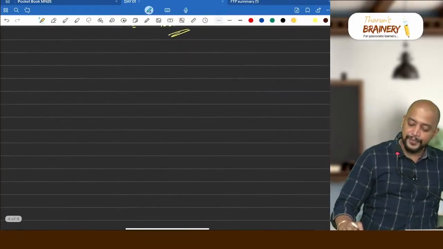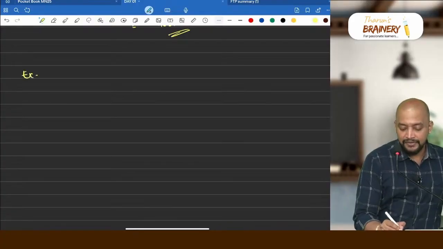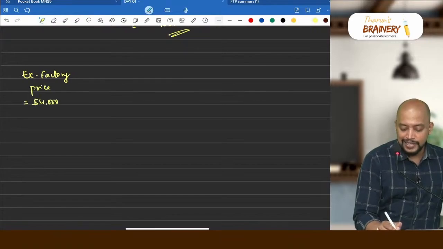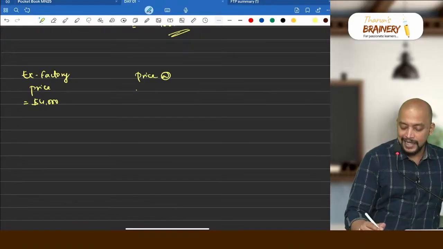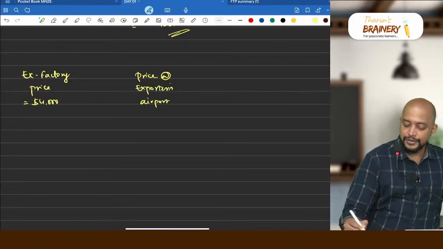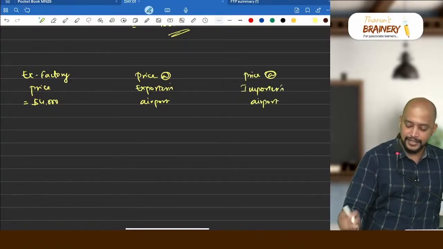Again the same story. We have ex factory price, the same $4,000, and we have price at exporter's airport, and we need to get the price at the importer's airport.